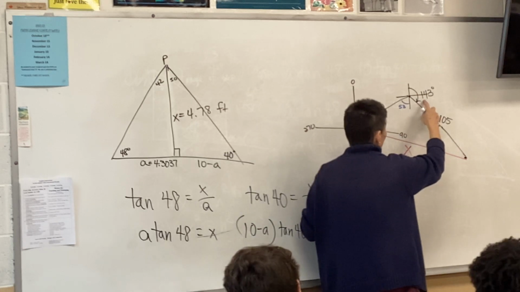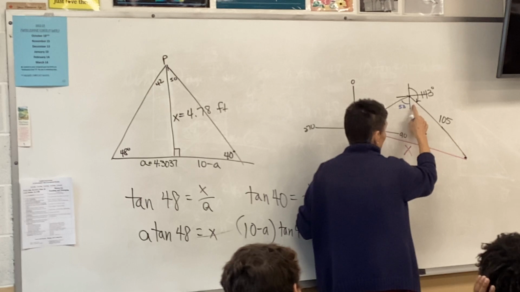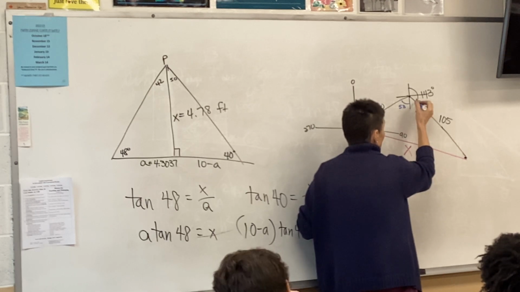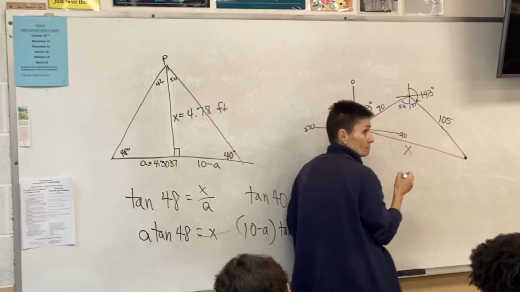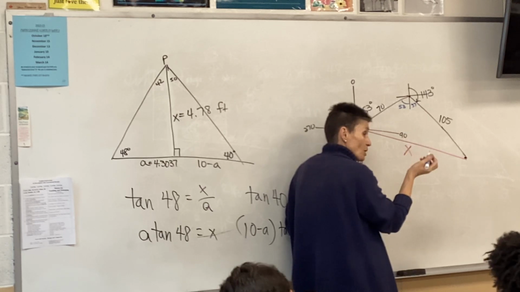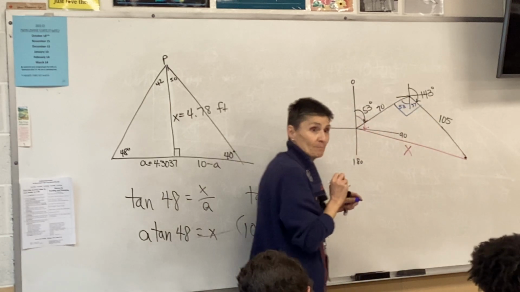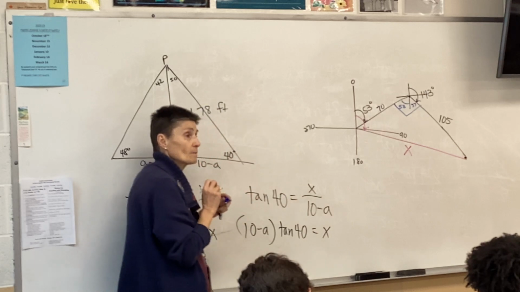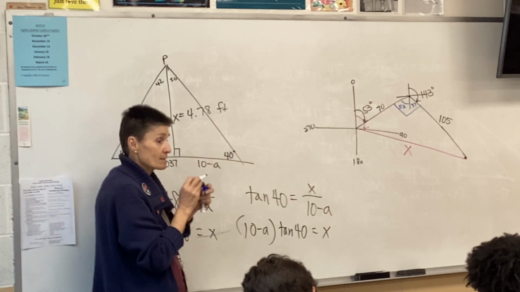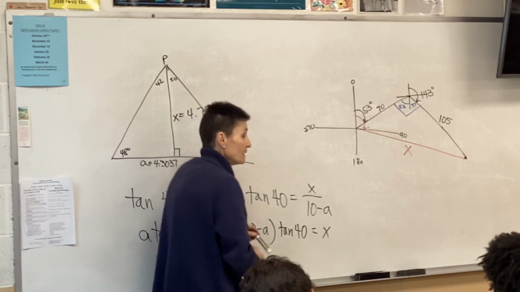And if that's 143, what's this little piece right here? 37. And the math gods are shining upon you because that makes 90, which means Pythagorean theorem and SOHCAHTOA work perfectly.